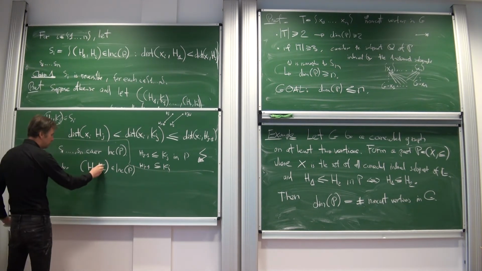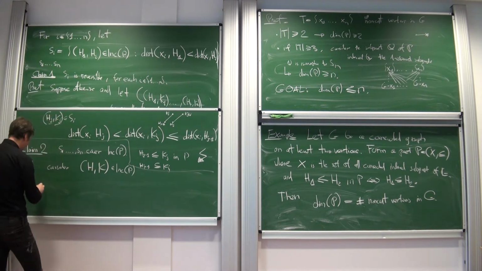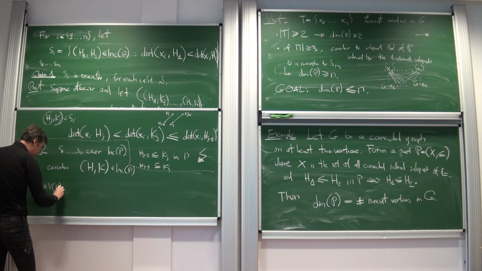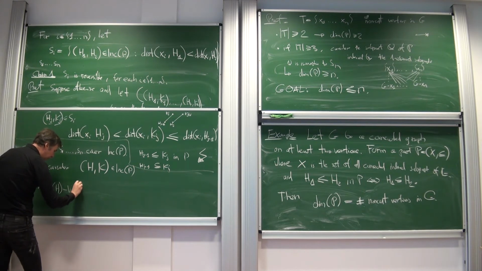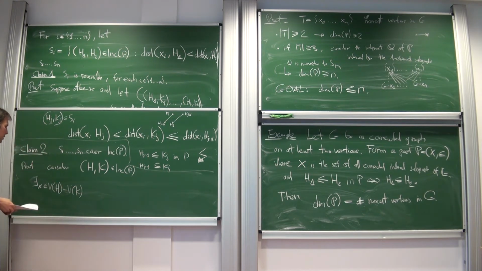H is incomparable to K. So this in particular means that there exists a vertex, let's call it X, such that it's in VH, but it's not in VK. There must be such a vertex, otherwise they would be comparable.